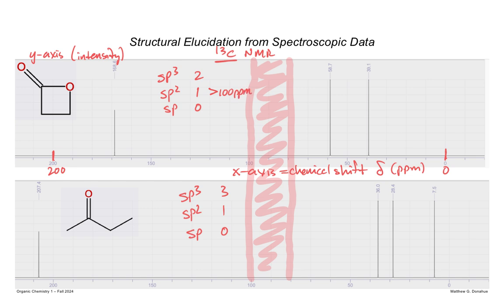So sp2 hybridized carbons typically are greater than 100 parts per million. sp3, we'll say, are less than 80 parts per million. And then what do you think falls in the shaded region there? The sp carbons.